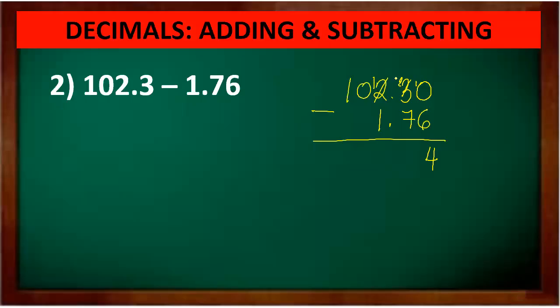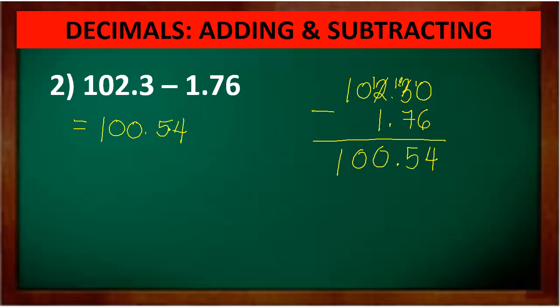Magiging 1 na lang siya kasi i-add natin yung 10 dito kay 2. So, 12 minus 7 is equals to 5. 1 minus 1 is 0. 0 minus 0 is 0. Bring down 1. Therefore, 102.3 minus 1.76 is equals to 100.54. Very easy, di ba?